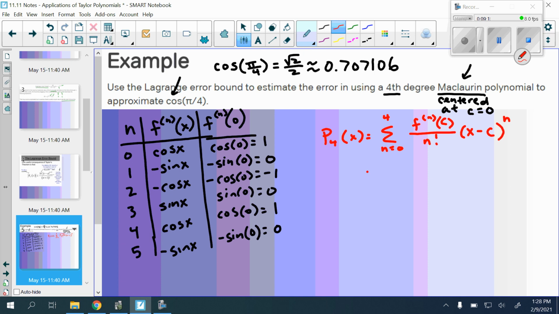So if we fill this in, first one, if we put n equals 0 in there, the value we're going to get on top is 1 over 0 factorial. Here we get x minus 0 to the 0 power, which all of that should just end up equaling 1 here.